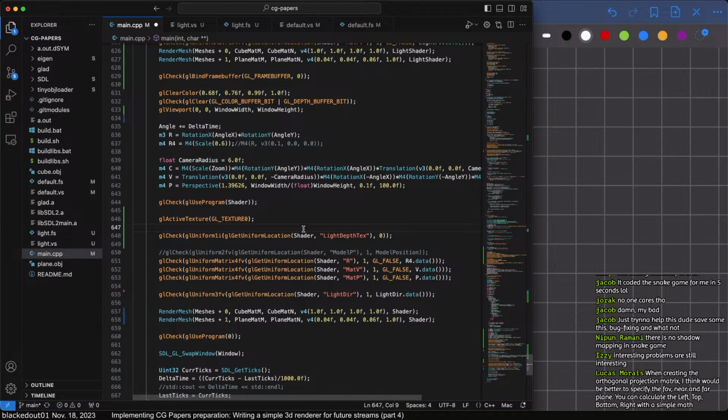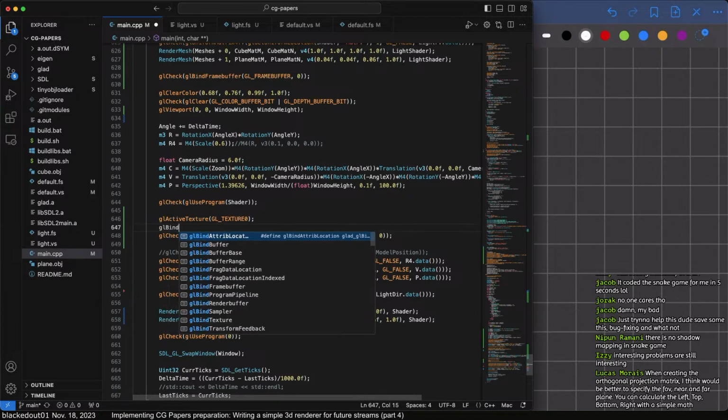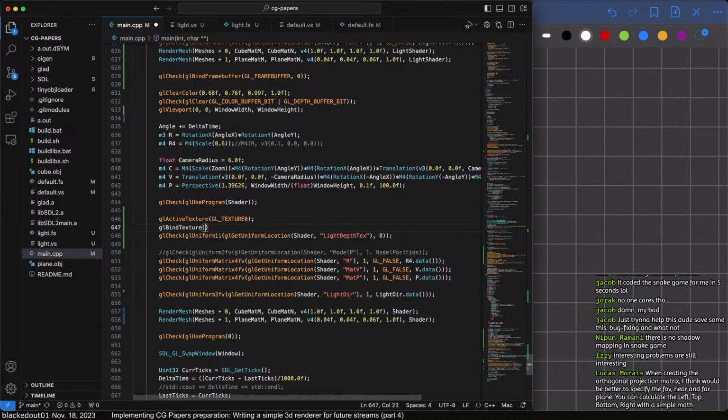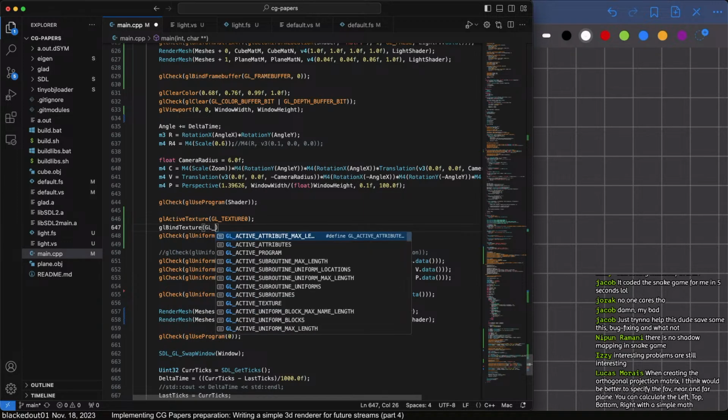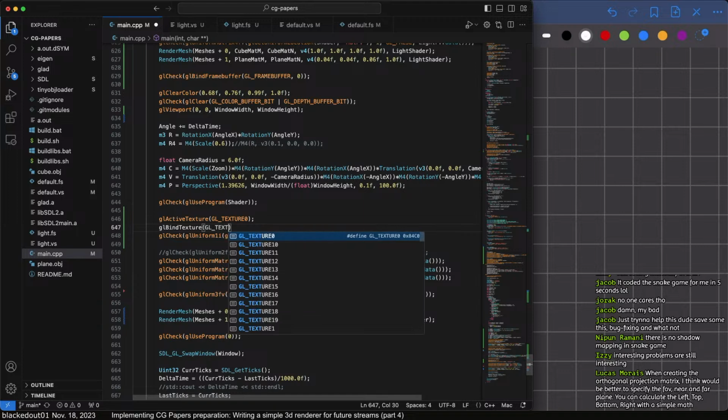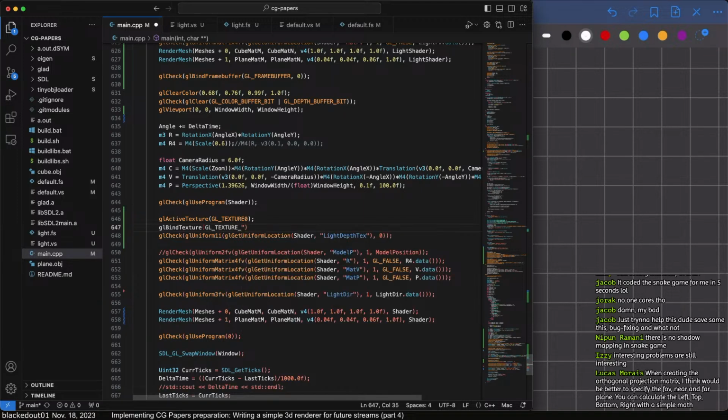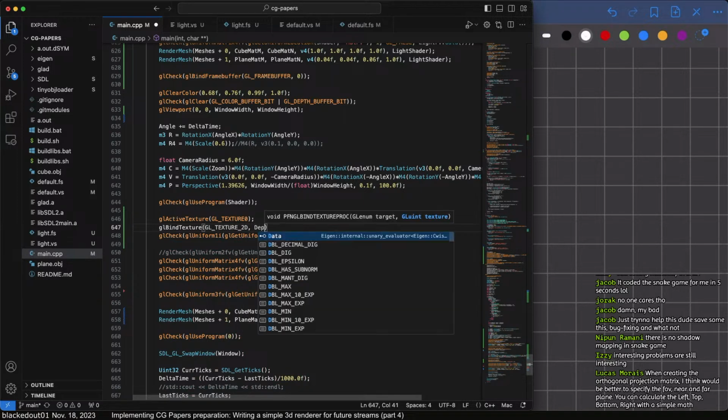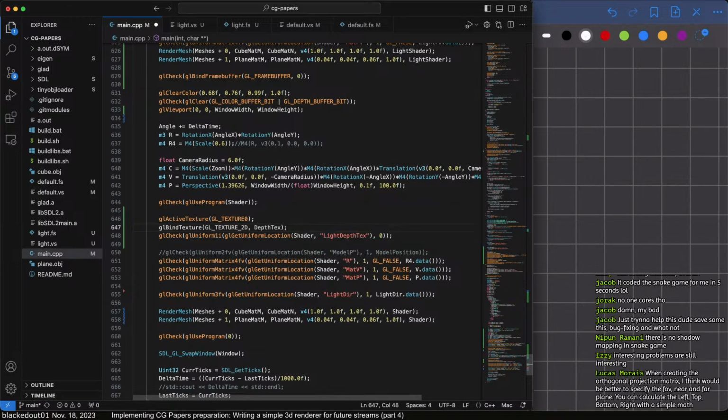And in this slot, we now can bind the texture. Yeah, so that's how to bind the texture.